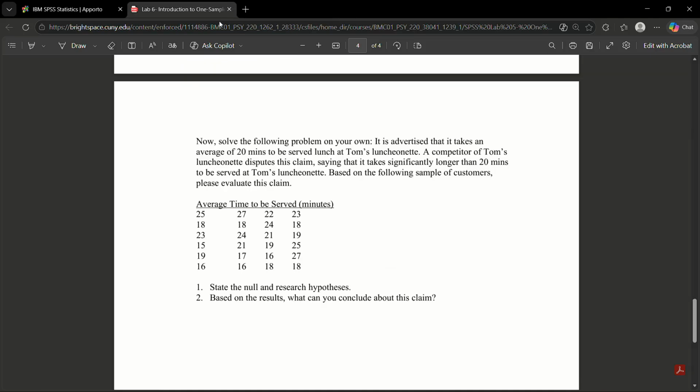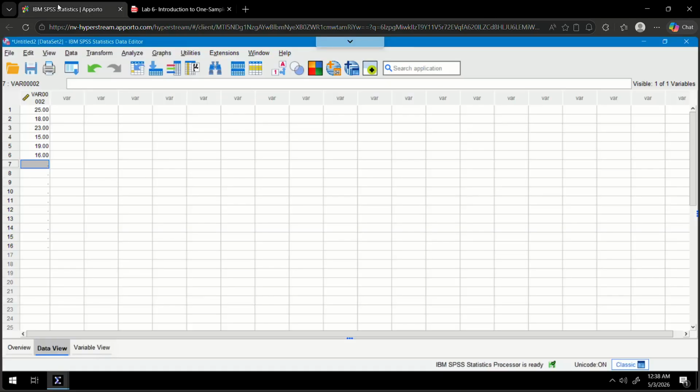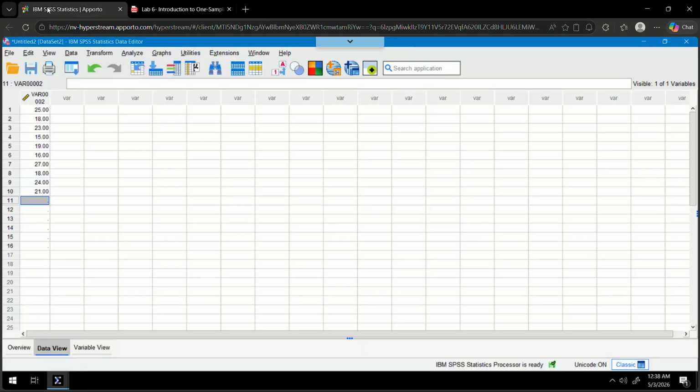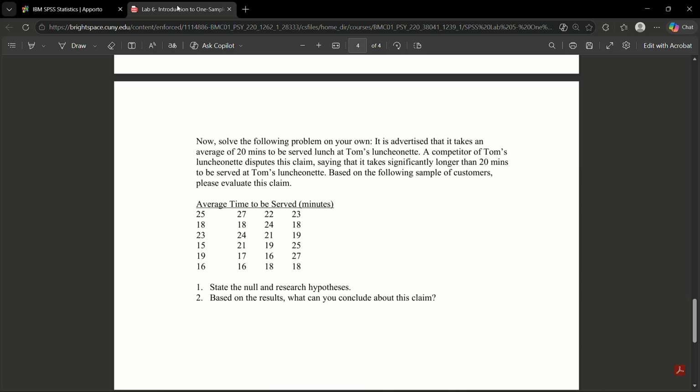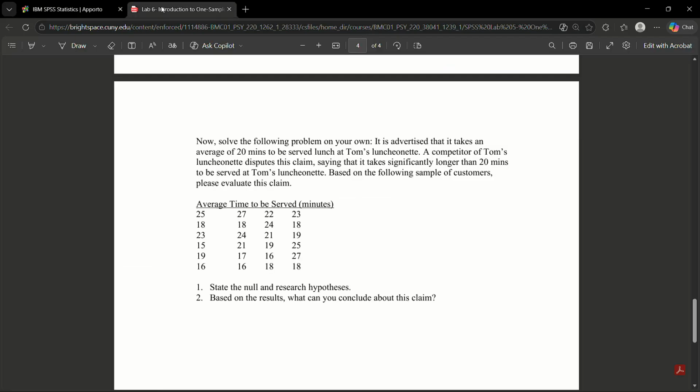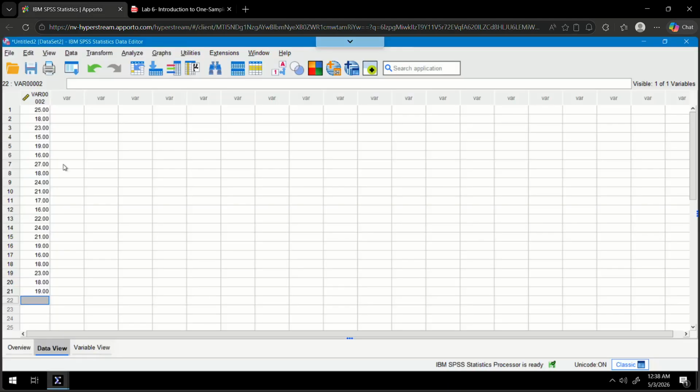What else do we want? 27, 18, 24. 21, 17, 16. 22, 24, 21. 19, 16, 18. 23, 18, 19. 25, 27, 18.